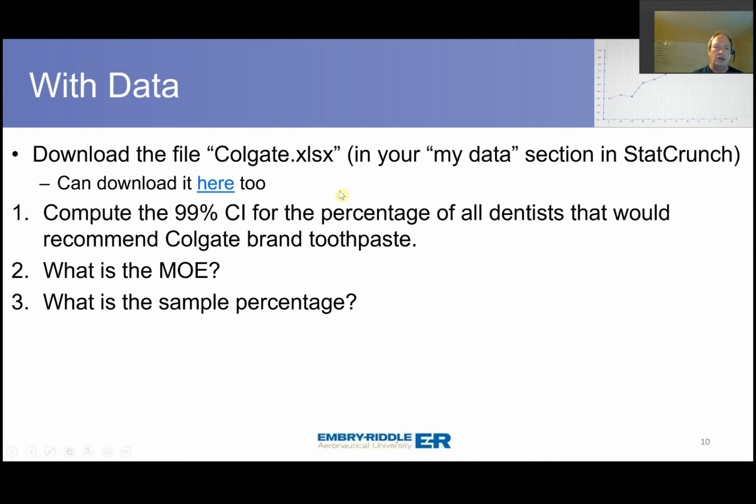So what I want you to do is compute the 99% confidence interval for this percentage of all dentists that would recommend Colgate brand toothpaste, find the margin of error, and find the sample percentage. So you can go ahead and start on that now.